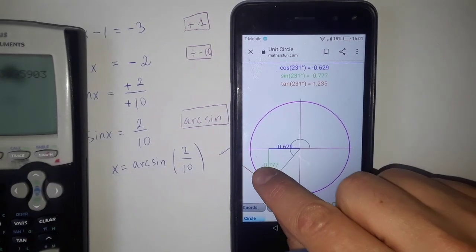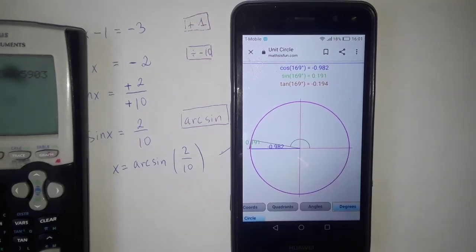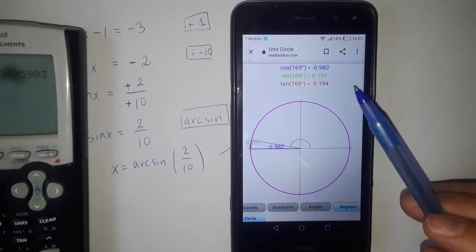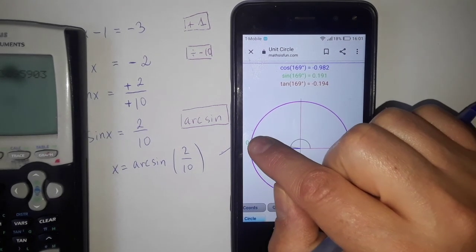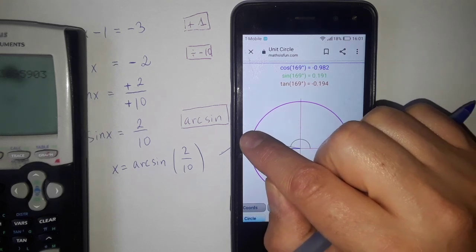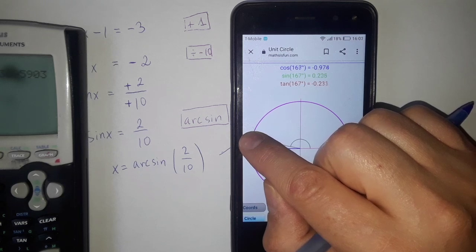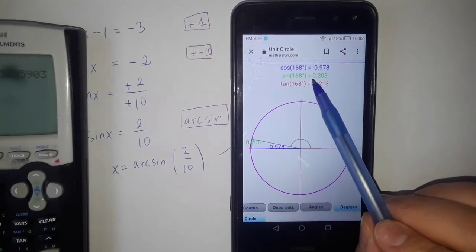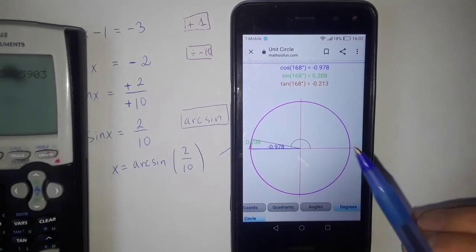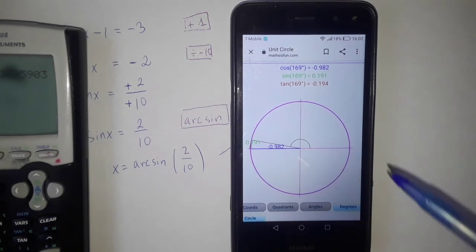But if I keep going, now this is below 0.2, but if I go a little bit further, I go to 170, sorry, less. So it's between 168 and 169, because if I go to 168, it's over 0.2. If I go to 169, it's below 0.2.